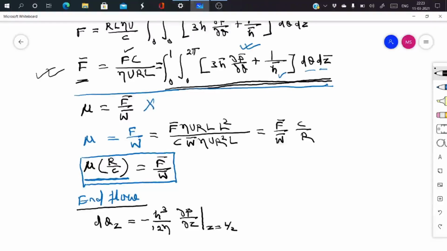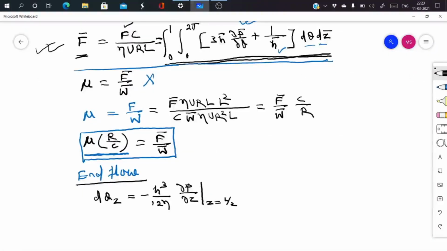Then, this is at a section, the total qz equals integration 0 to 2 pi, r, minus h cubed by 12 eta, del p upon del z at z equal to L by 2, then dx.